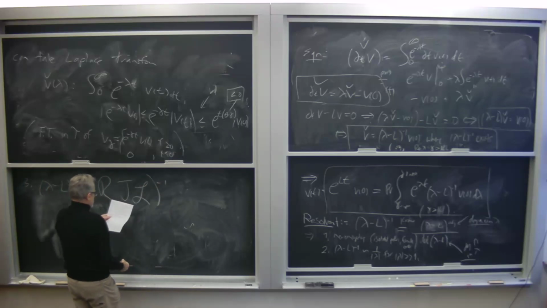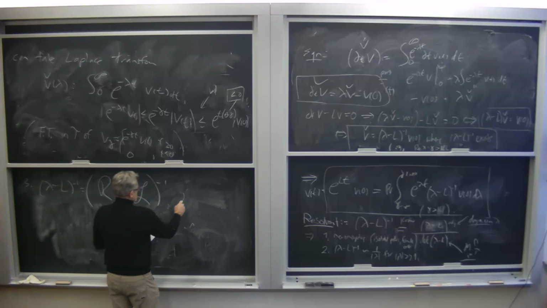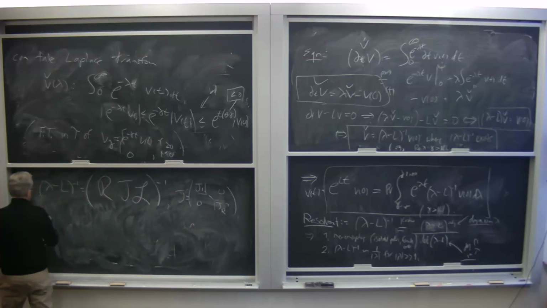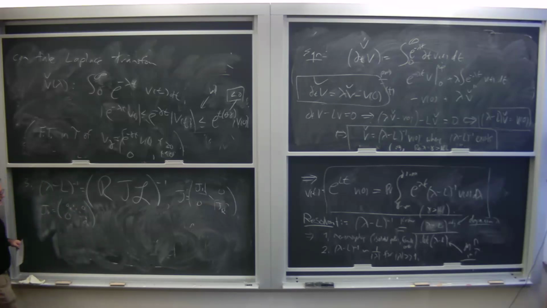And here J is a matrix of Jordan blocks, J_1 through J_ell, and the J_k are these blocks with a_k on the diagonal, ones on the super diagonal, and 0 everywhere else. This is an upper triangular matrix.